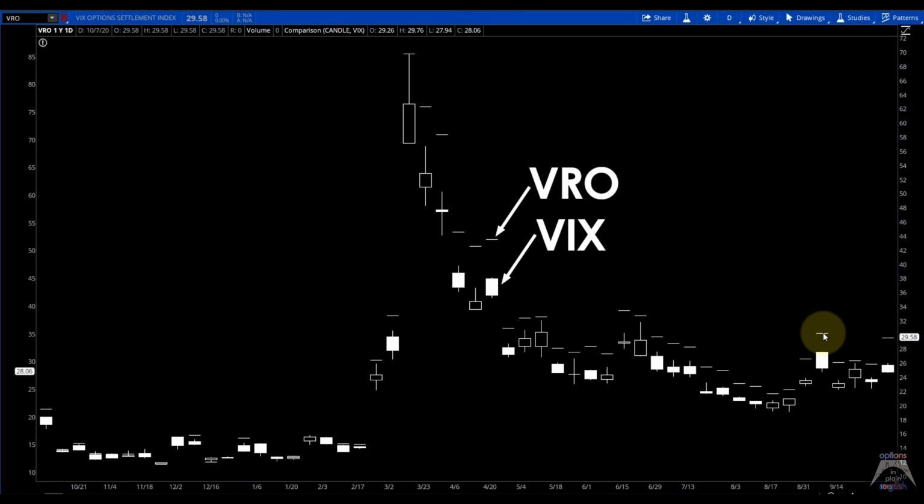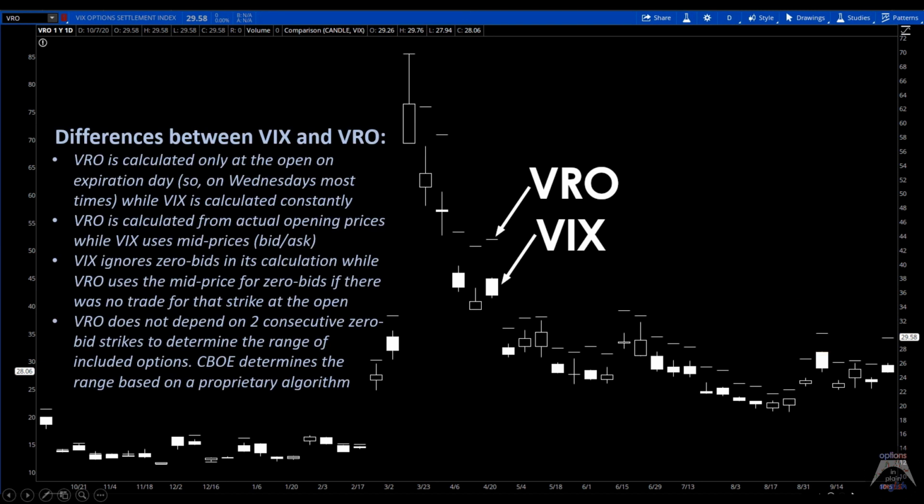So what we're going to do here is go through the main differences between VRO and VIX. The main differences are that VRO is calculated only at the open on expiration day, so on Wednesdays most times.